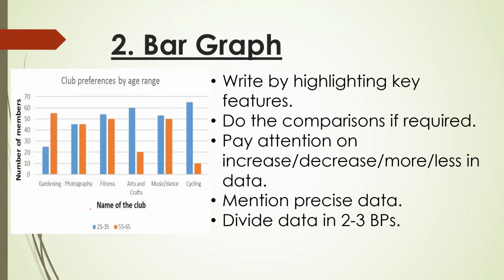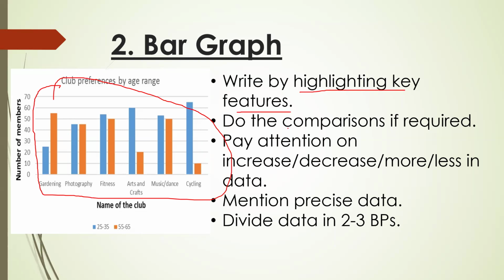The next type that may be given in the examination is bar graph, right? So this is a bar graph where you will see standing lines in this statement. So here you will highlight the key features, right?